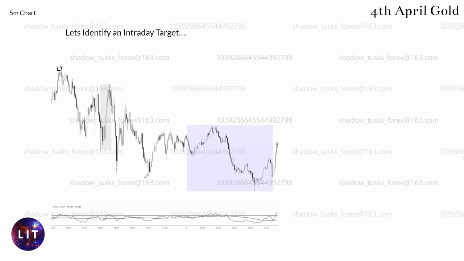Everything in between didn't really do much. As you can see, Asia already traded below that, so a lot of this liquidity has been taken out to the buy side. These buyers are taken out. However, the sellers are not taken out. So what that likely means is we have yesterday's high as our main target of liquidity.